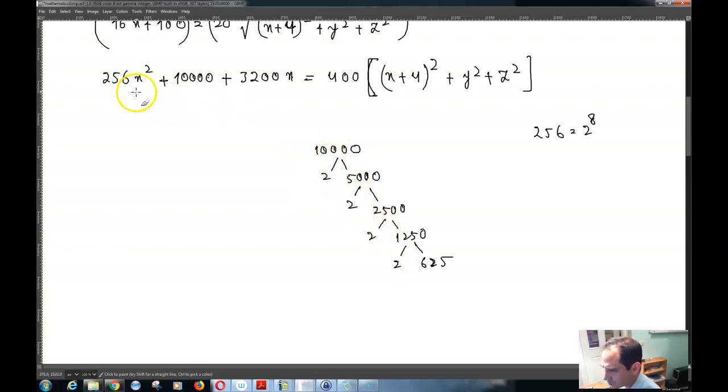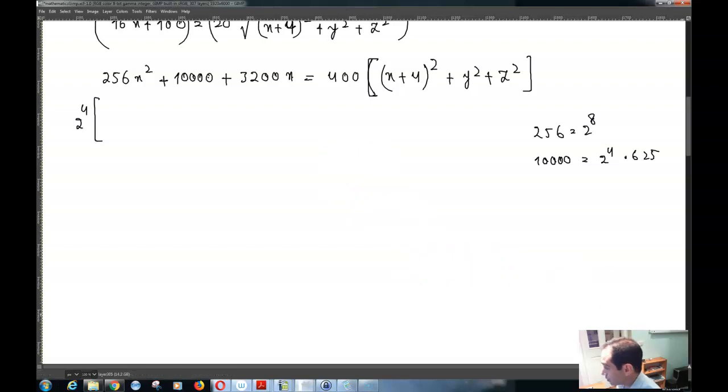So I'm going to divide each of these terms by 2 raised to the power 4, and then see where that takes us. So 2 raised to the power 4, I write over here 2 raised to the power 4 times, and so 10,000 is the same thing as 2 raised to the power 4 times 625.